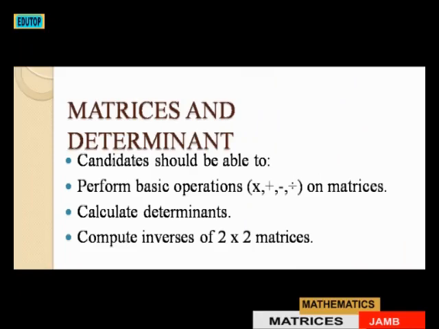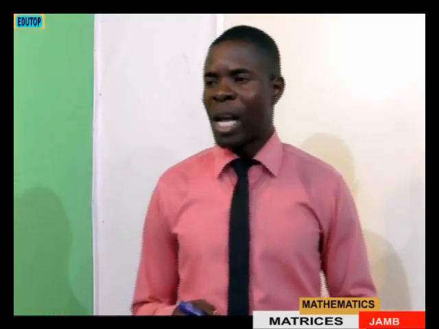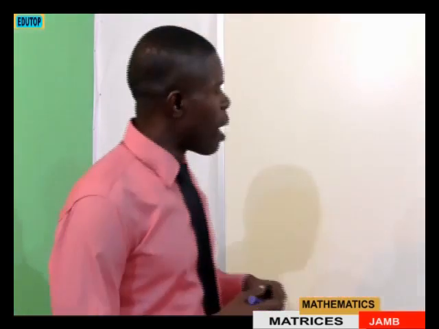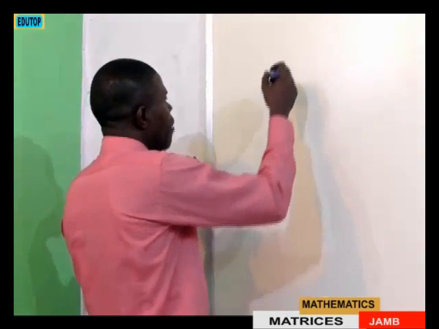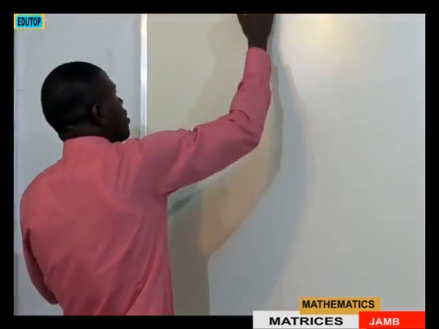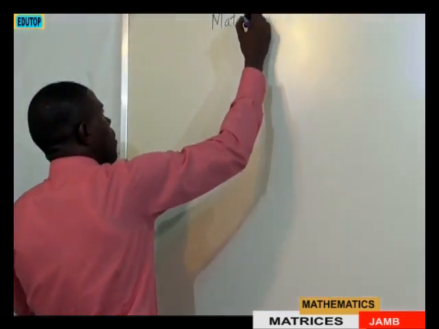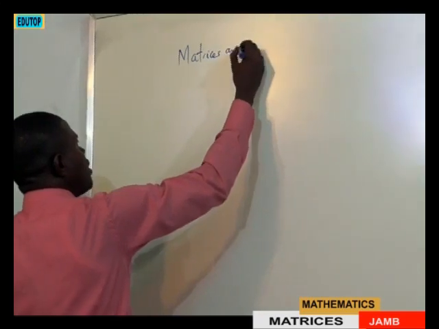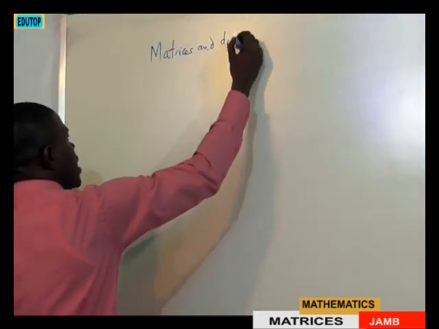They should also be able to calculate determinants, and then compute inverses of 2 by 2 matrices. So in that situation, what we are saying is candidates should be able to perform operations, because we have matrices and determinants.